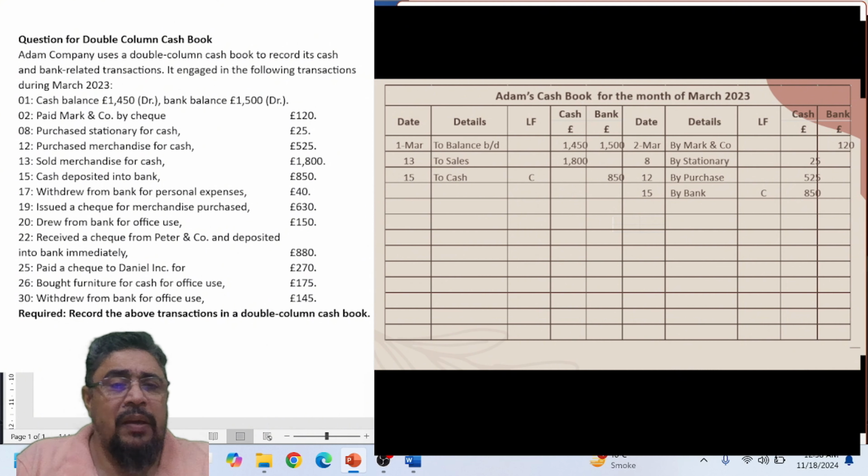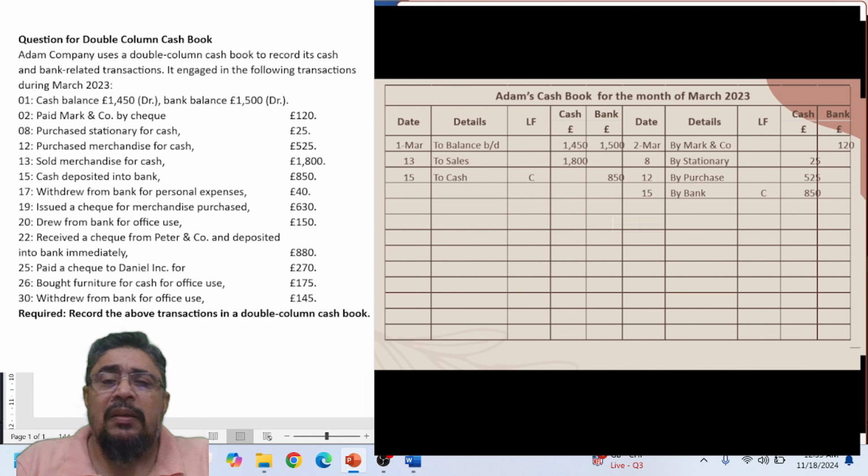Next, on 17th March, withdrew from bank for personal use, for personal expenses. So this means now we are withdrawing cash not for the business. If the cash is withdrawn for the business, then it will become a contra entry. But now it is not a contra entry because cash is withdrawn for personal expenses.